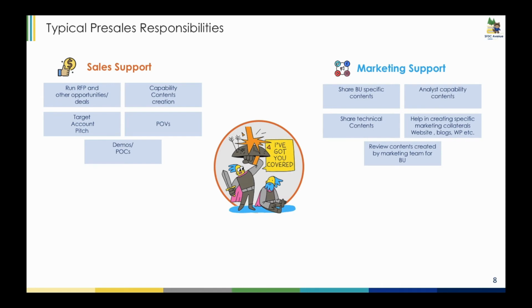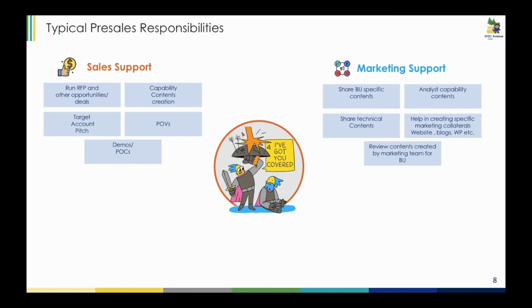Similarly, we need to support the marketing team also, because they might know about our technology, but they might not be well apprised of it. So we need to share our practice specific contents with the marketing team. We need to share analyst specific contents with them whenever we are responding to analysts like Gartner or Forrester and so on and so forth.